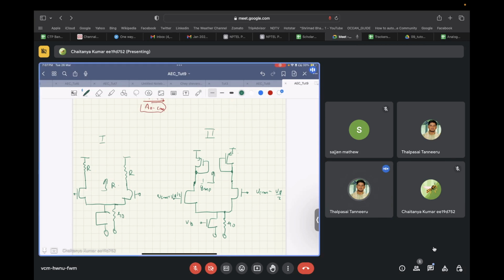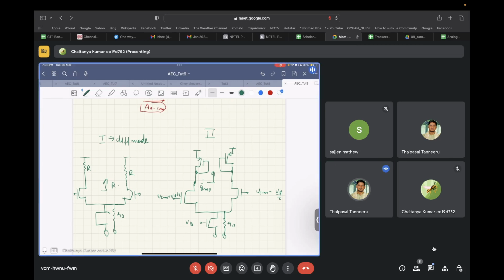And which circuit will you prefer for common mode? No, sir, I don't have an idea. So for common mode, what kind of load do you need?